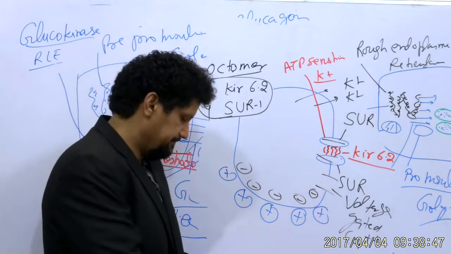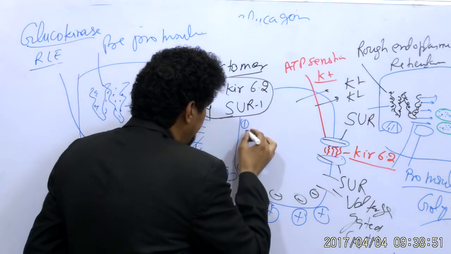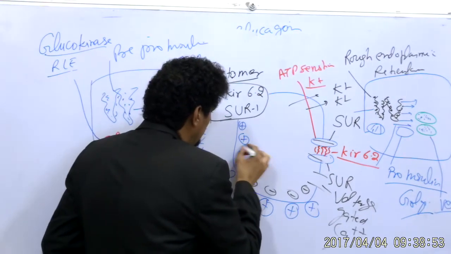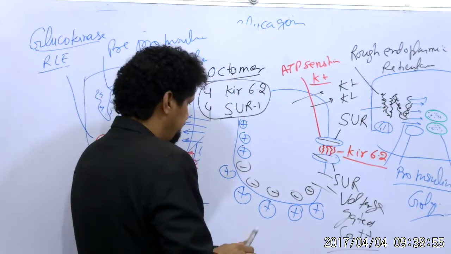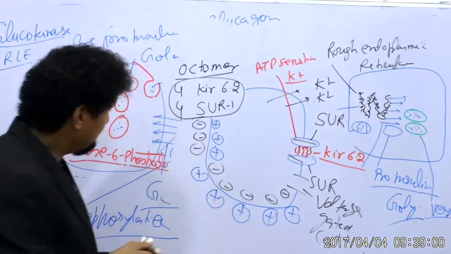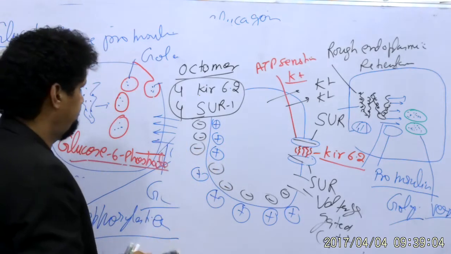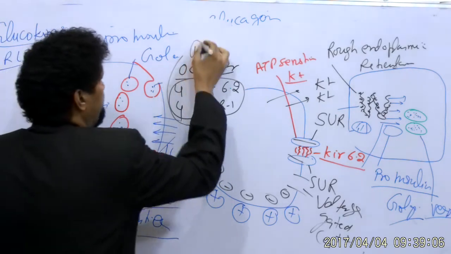So the inner surface is positive and the outer is negative. This condition is known as the depolarization of the beta cell.